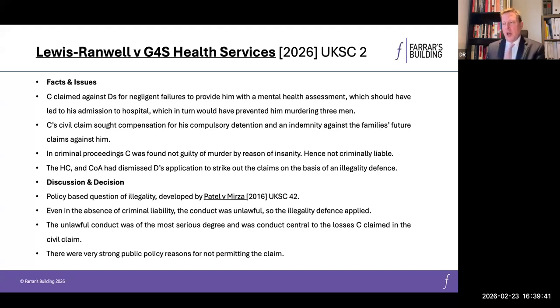So for those reasons, the causative effect of the unlawful but not criminally liable conduct, which founded the claim for the damages, overlaid upon the very strong public policy reasons for not permitting the claim, means that the Supreme Court's decision has overturned the High Court and the Court of Appeal in relation to illegality.